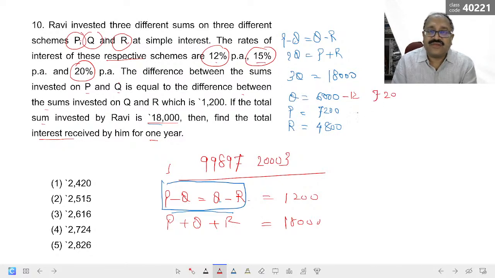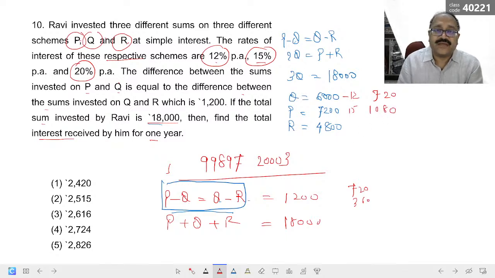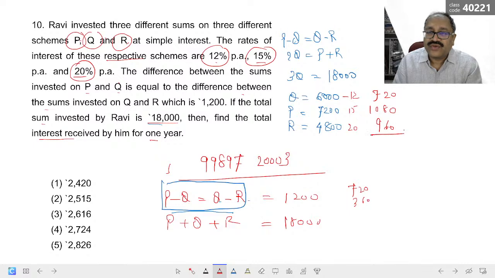In the second case he will be getting 15% interest. 10% is 720 and half percent is 360, so you will get 1080. So 1080 interest is coming here, and 20% over here. 10% multiplied, 20% is 960.